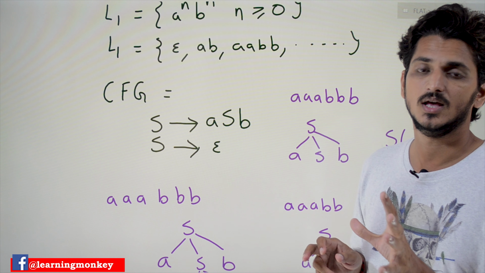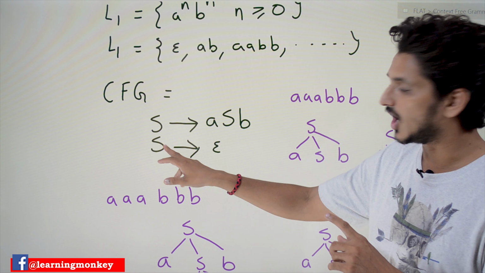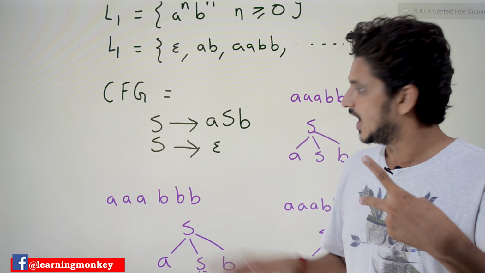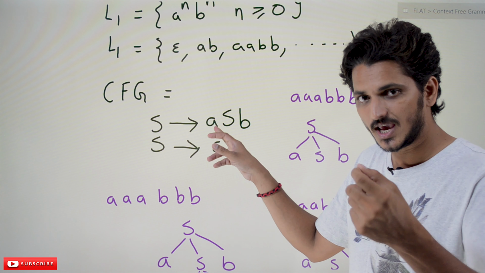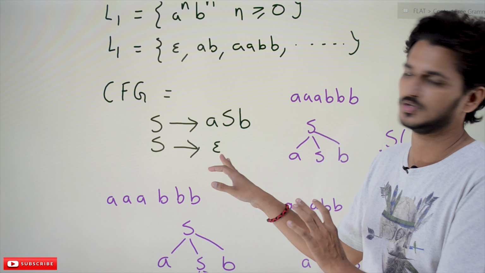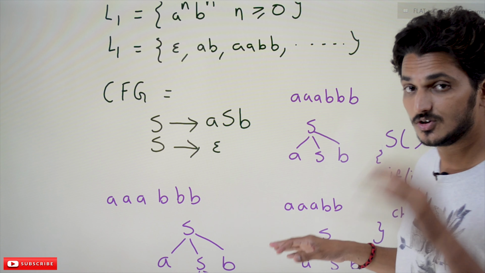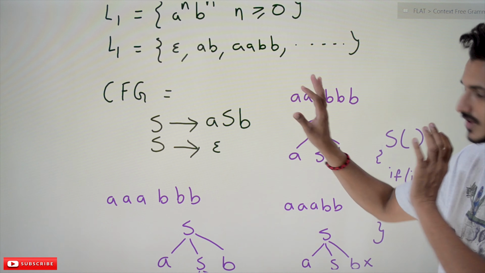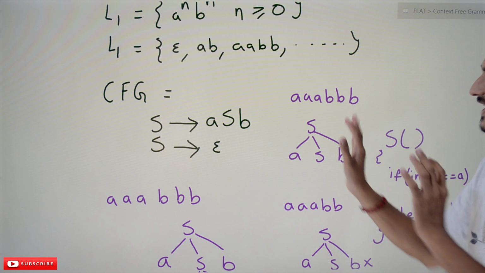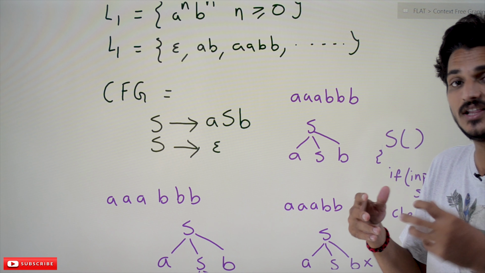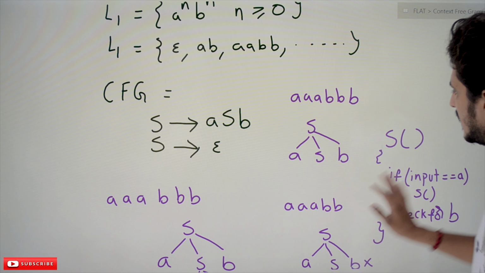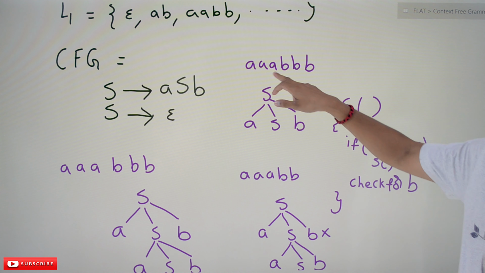That is what this production says. Or you can take S equal to epsilon. S has two options now. Either you take the input a and go on with this production, or you can stop using epsilon. How it is executed and why we have written it like this, the programmatic intuition will help you a lot in understanding the grammar, so that you can easily write context-free grammars for different languages, which we discuss in coming classes.